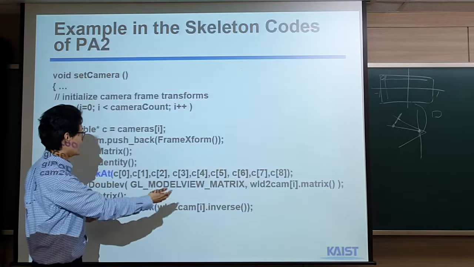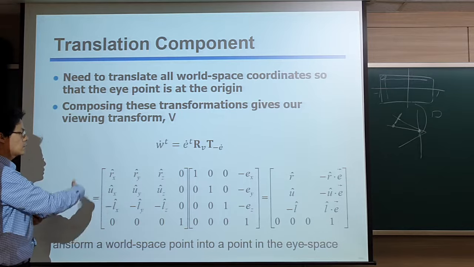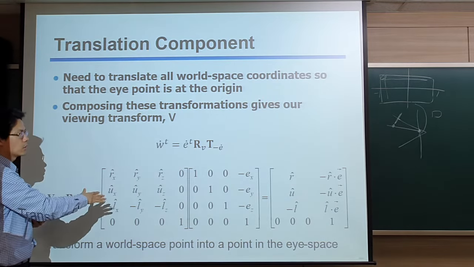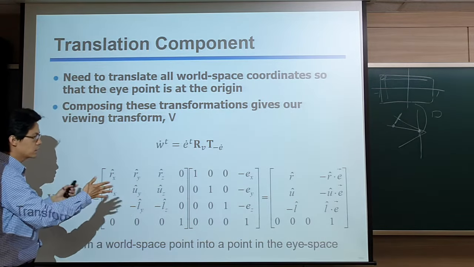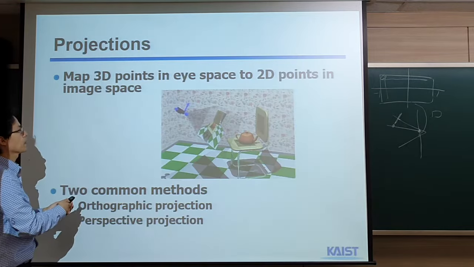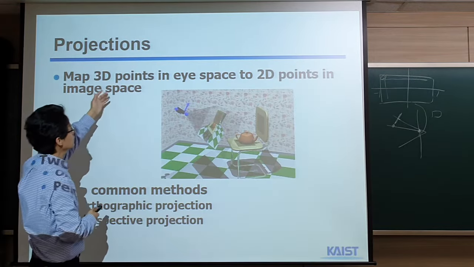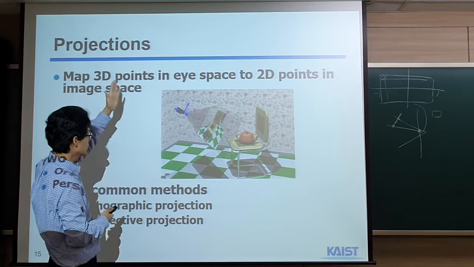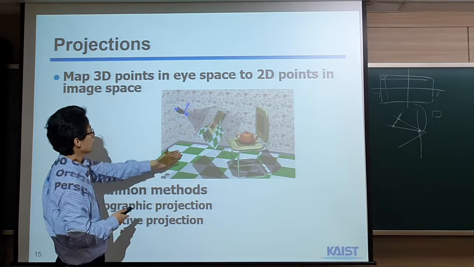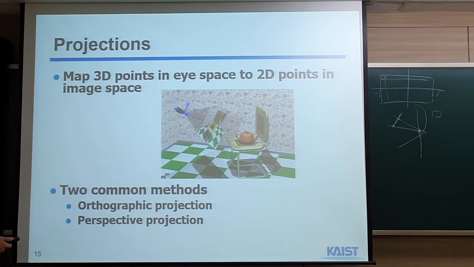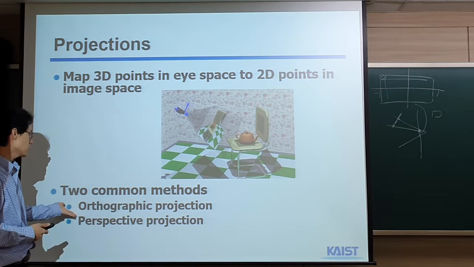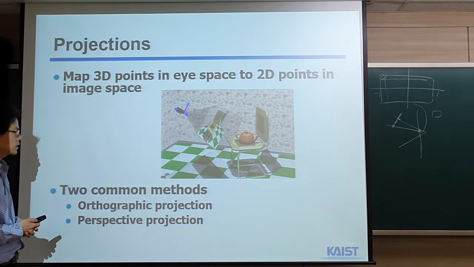If we do this kind of operation, we still get a 3D point, so now we have flattened this point into 2D. That is, we map the 3D point in the I space into a 2D point in the image space. There are two common methods: one is orthographic projection, and the other is perspective projection.